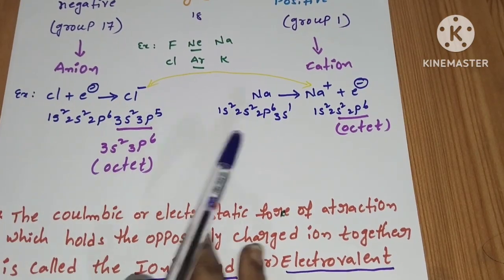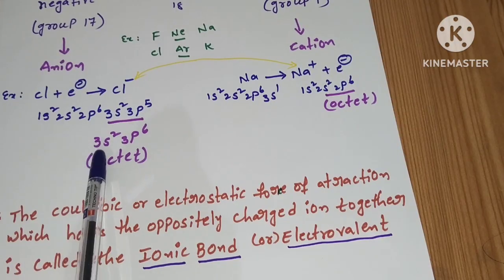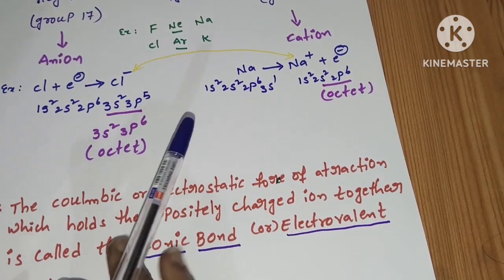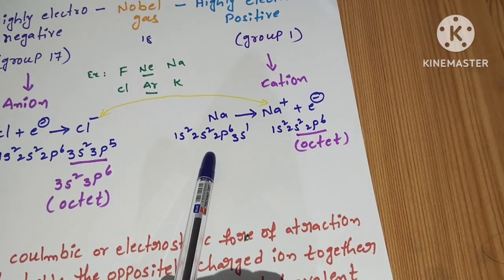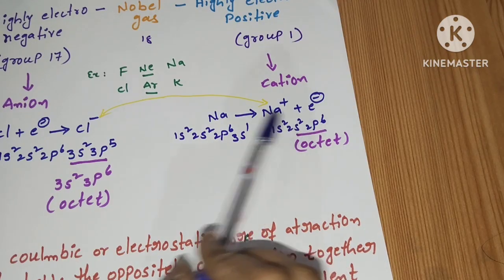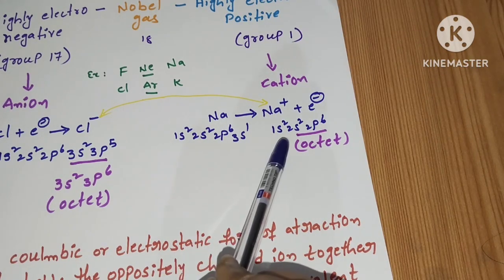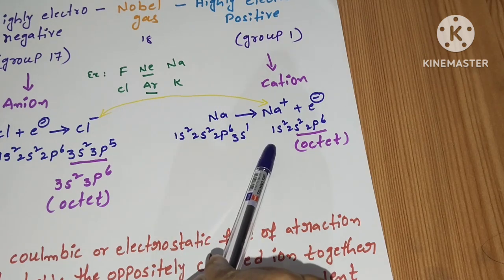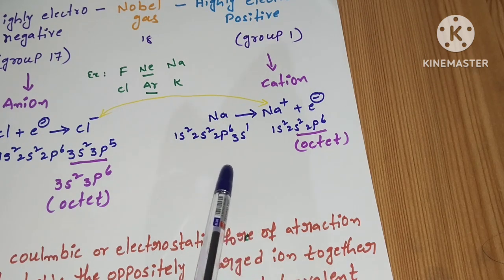That is, its outermost shell is completely filled, or we can say it attains an octet. Similarly, sodium loses one electron and forms the sodium cation. While doing this, it attains the noble gas configuration. We can say it achieved its octet.